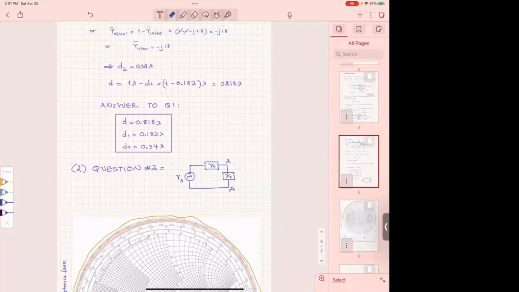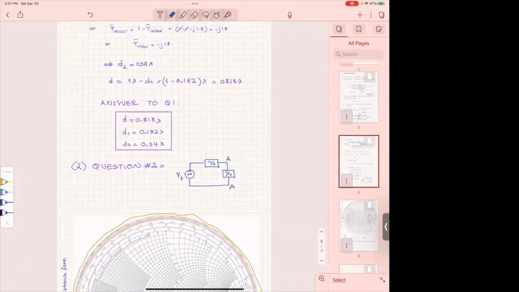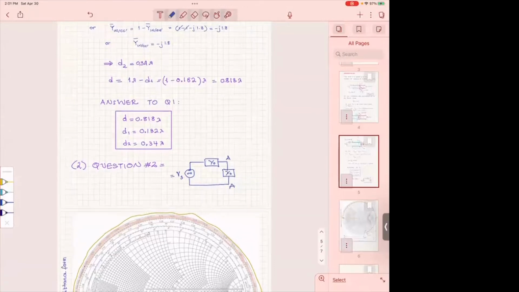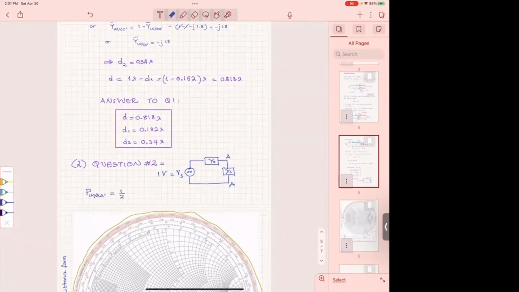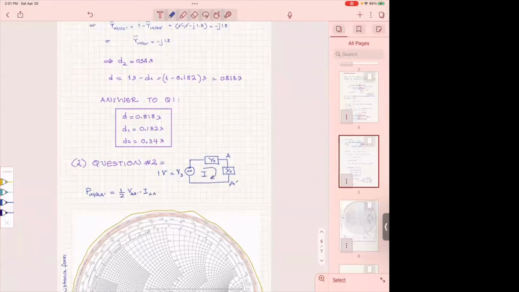And therefore, if Vs is 1 volt, then the real power that enters AA prime is going to be 1/2 the voltage across AA prime times the current that flows here, I, and everything is going to be real because both Y naught are real values.